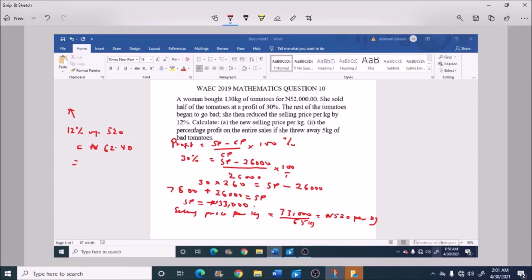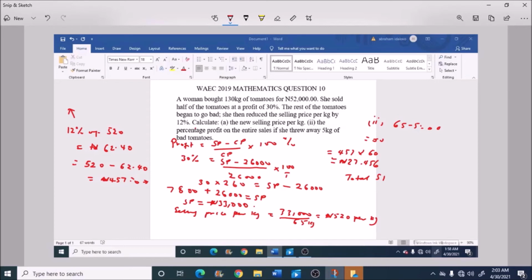So the total selling price will be equal to 33,000 plus 27,456. Total is equal to 61,256. Now let me come to this side and complete the work.